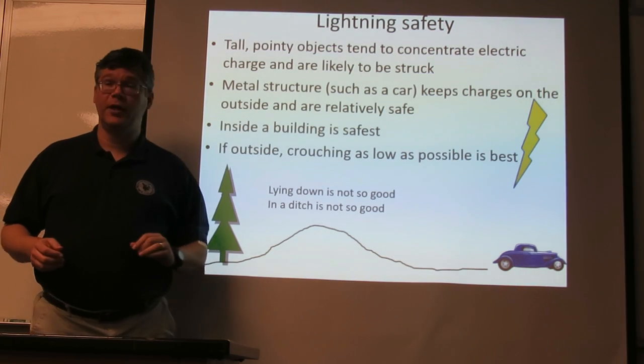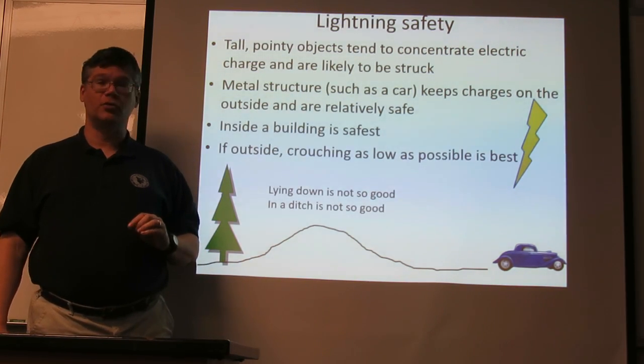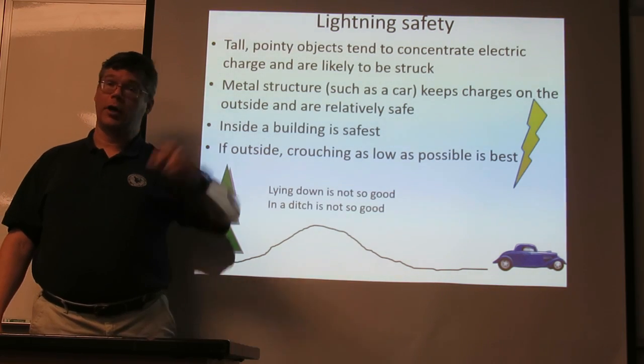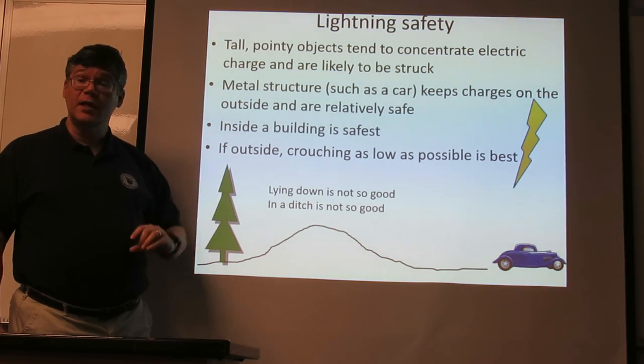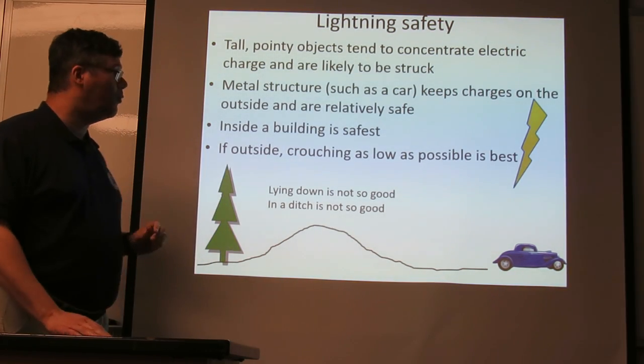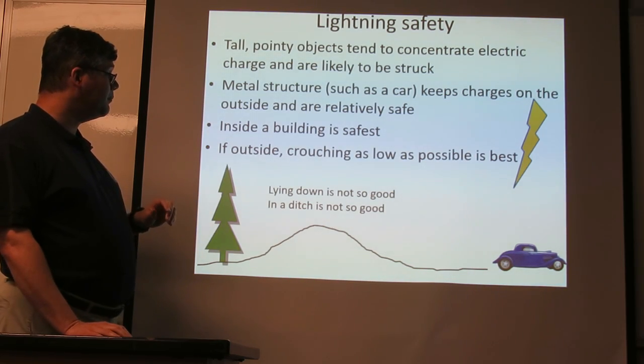You can find videos online if you search of car getting struck by lightning and car keeps on driving. Inside a building is the safest spot to avoid getting hit by lightning. Inside a car is pretty good as well.